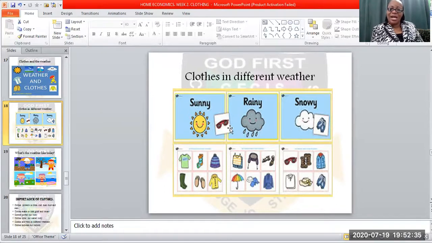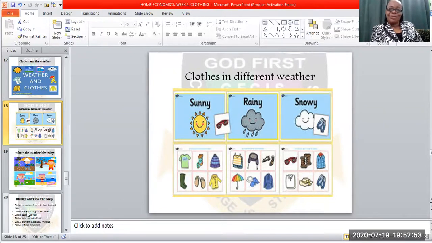All of these are items for the weather. So whatever the weather, all these items can take care of the weather. Are we together?